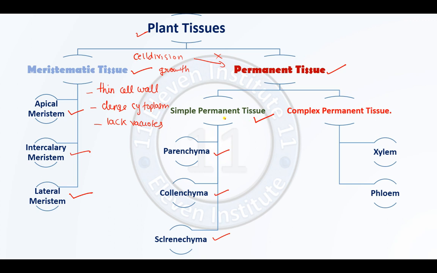Now coming to simple permanent tissue. Permanent tissues are of two types: simple permanent tissue and complex permanent tissue. Why simple and why complex? We have previously discussed this. In simple tissue there is only a single type of cells.